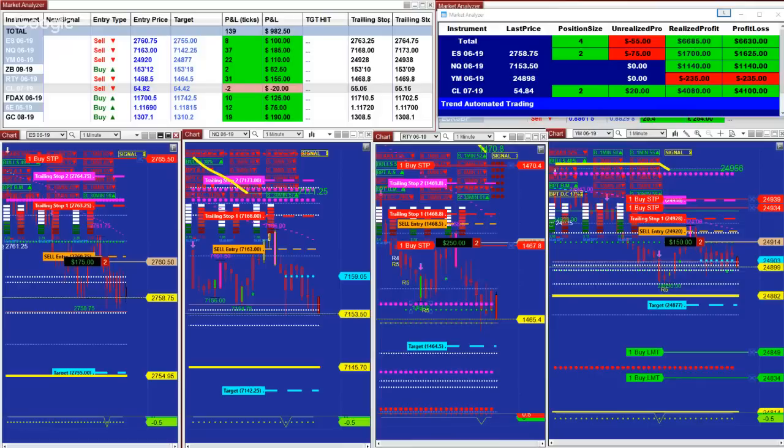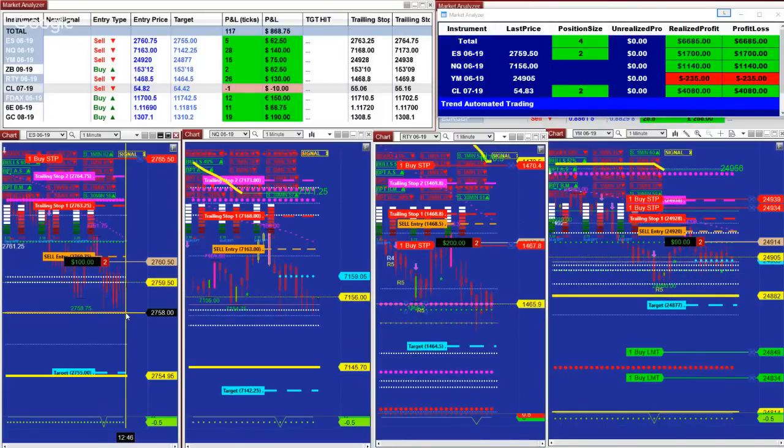Let's see if the ES will break that level. We've been struggling on the 58 level. That is going to make our life less easy. Oh man.